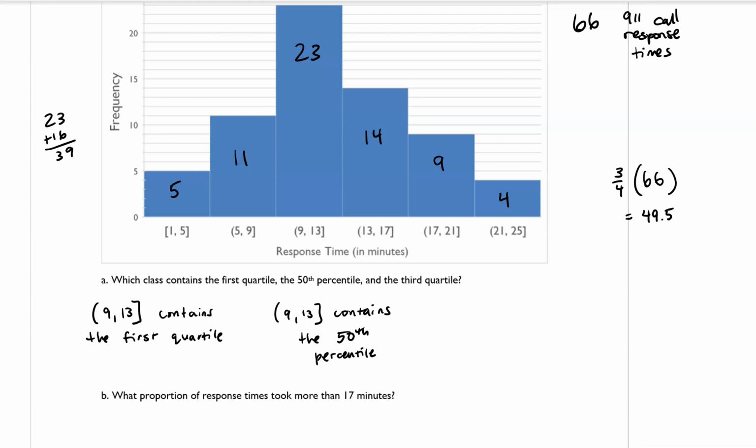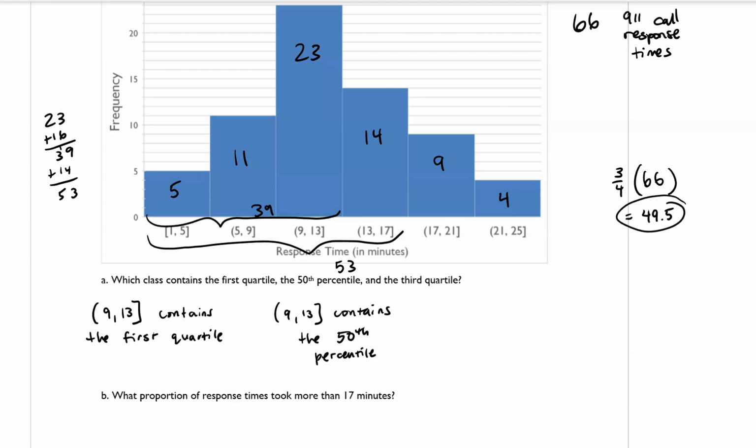So if I add the first 4, that would be 39 plus 14, which is 53. So if we include the first 4, that would be 53 response times. And just the first 3 is 39 response times.